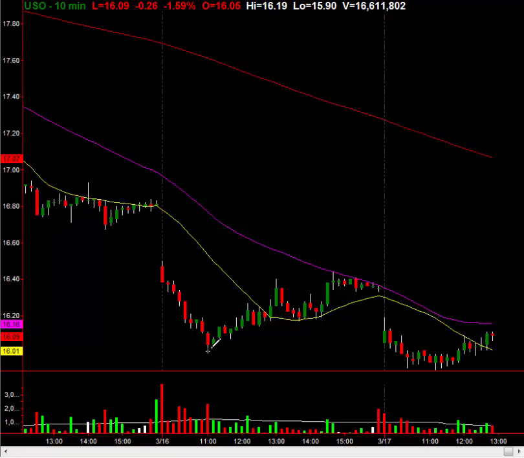Now, the rules of a bottoming tail are this. If you close below the low of the bottoming tail, you negate the bottoming tail and the bottom signal. What we're talking about is on a daily basis, because you're looking at a daily chart to see the bottoming tail. So at the end of today, if you close below this low pivot right here, you have negated the bottoming tail.